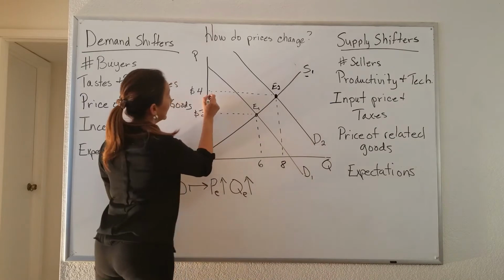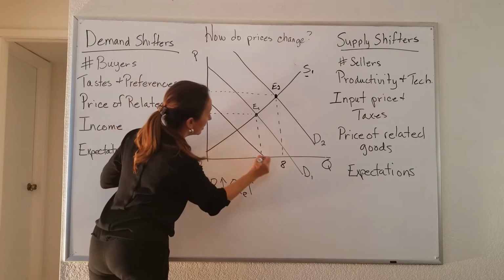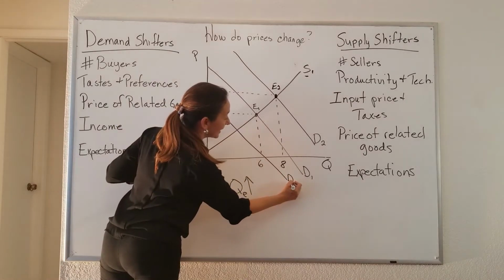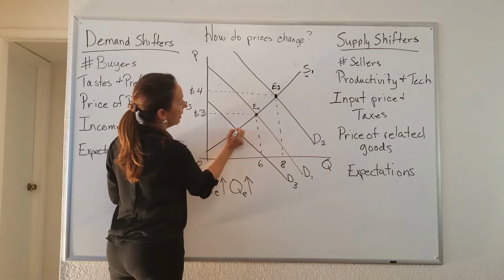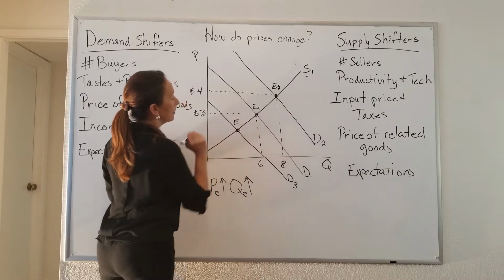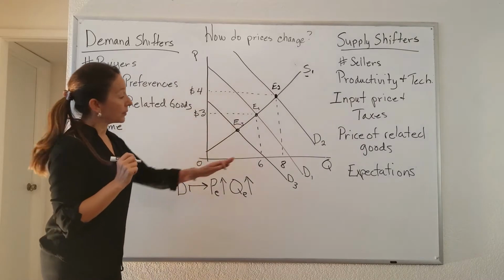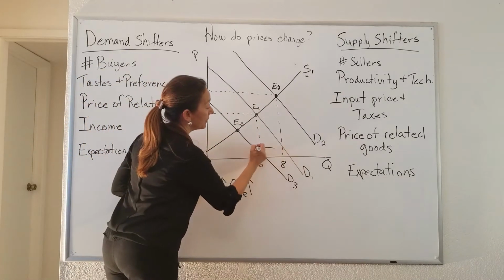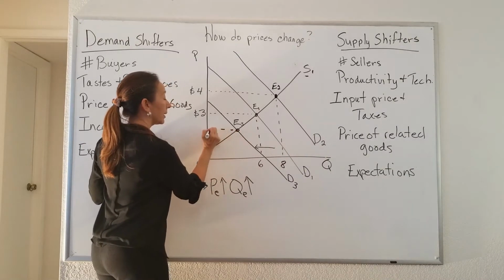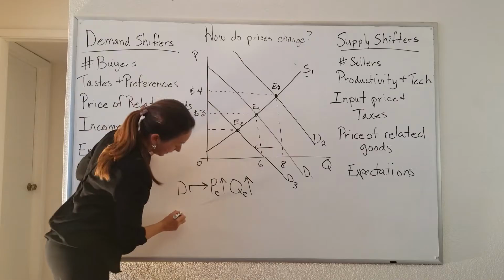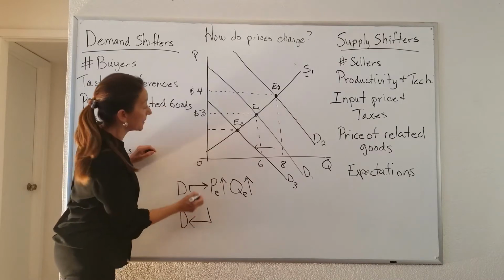Let's say the demand curve shifts to the left, and we'll call this D3. What happens? Now we have another equilibrium point resulting from this leftward shift of our demand curve. Demand curve shifts to the left, or decreases.